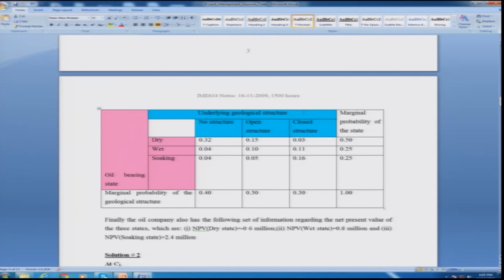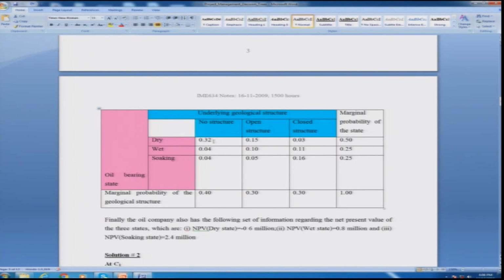If I consider the underlying geographical or geological structure, which is in the blue color, there is no structure, open structure, closed structure. Closed structure has a probability of 30%, open structure 30%, no structure 40%, again the probability is 1. So, the values along the topmost, the bottommost row and the rightmost column are the marginal probabilities of the states, where the geological and the oil bearing states are very nicely shown.